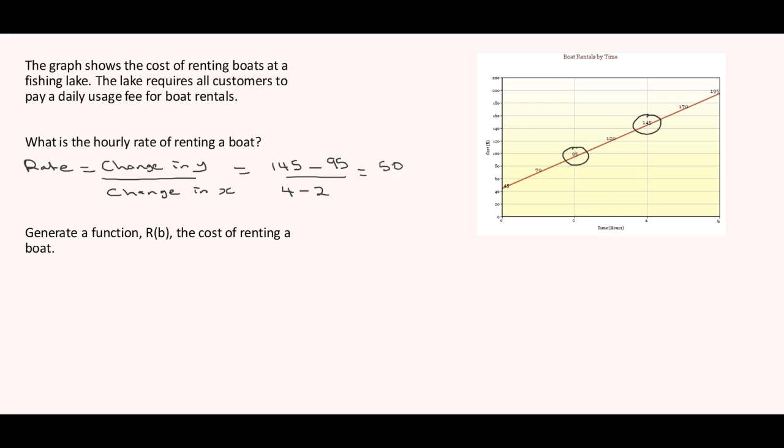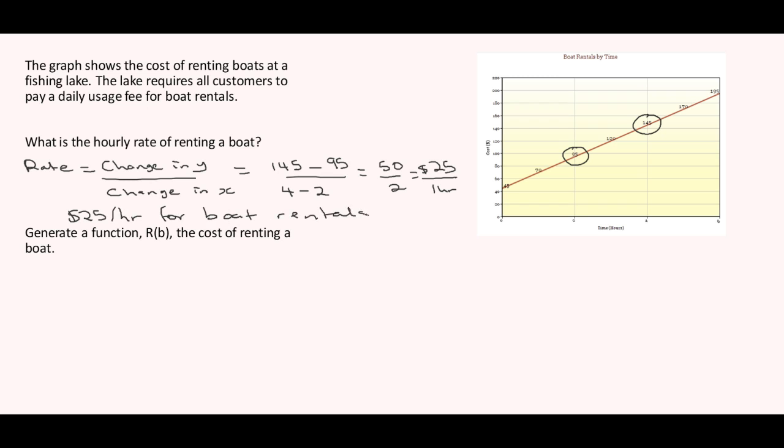So this is 50 over 2, which is 25. So that means that we have $25 over 1 hour. Okay, so what is the hourly rate of renting a boat? It means we pay $25 per hour for boat rentals.